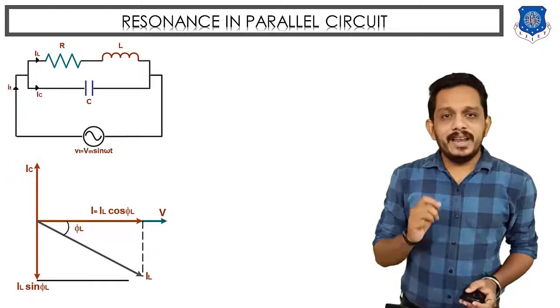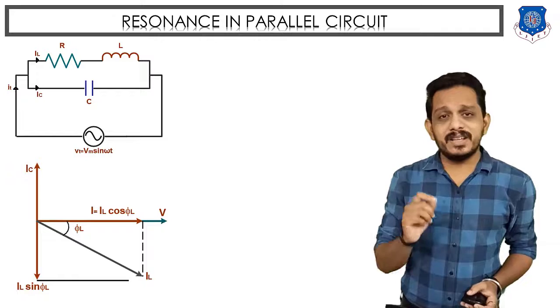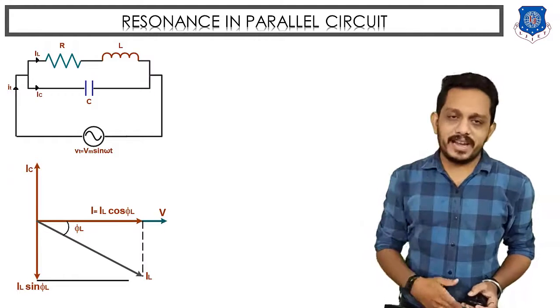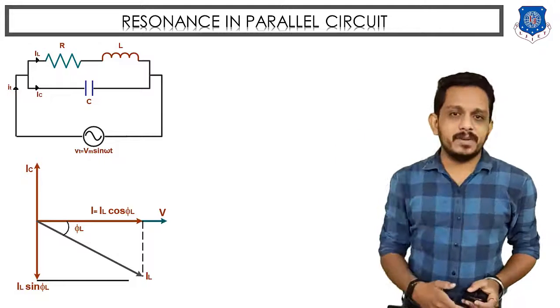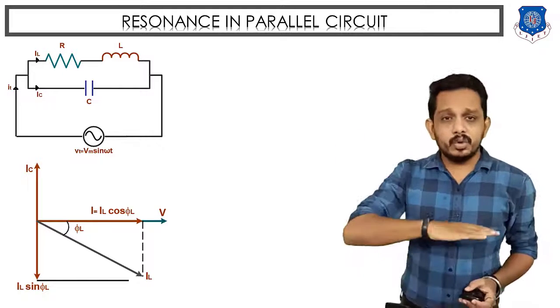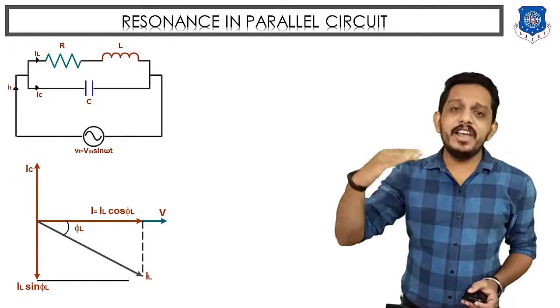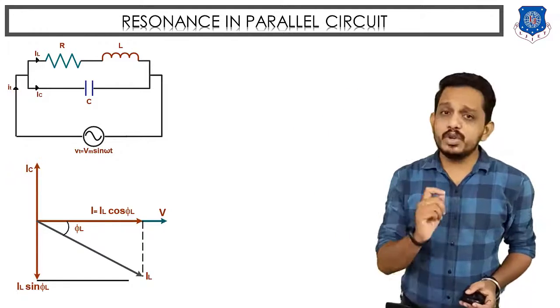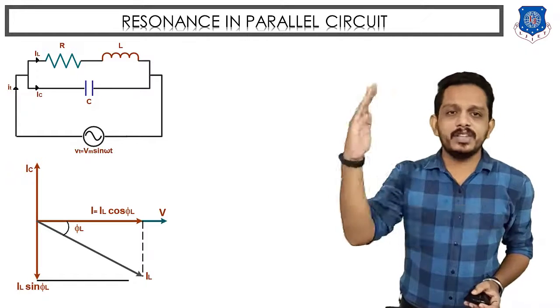Now we know that in case of a capacitor, current leads the voltage by 90 degrees if it is a pure capacitor. And here we have taken a pure capacitor, so we can draw current IC exactly 90 degrees leading from the supply voltage. So you can see IC, the current of the second branch, is leading from the supply voltage.